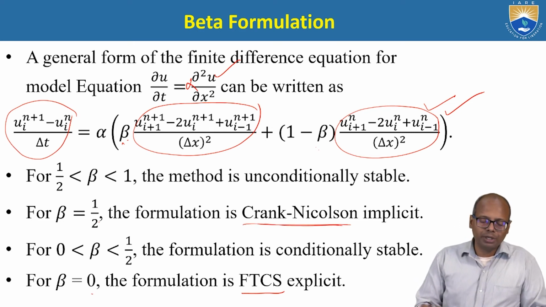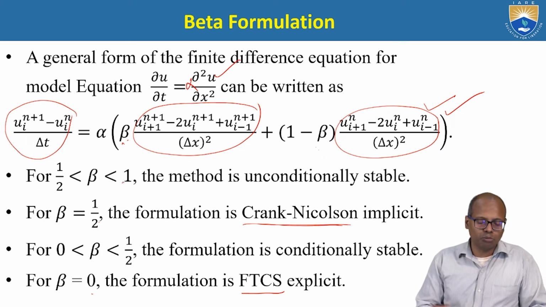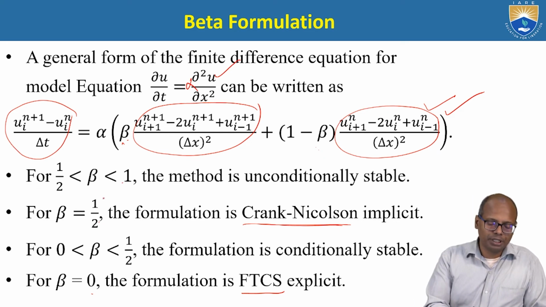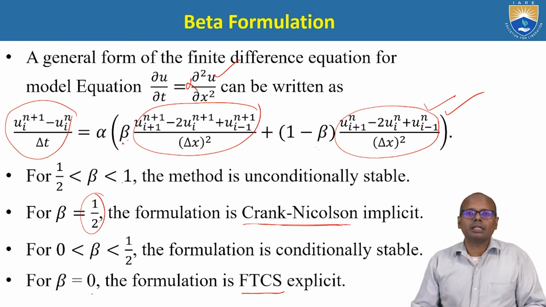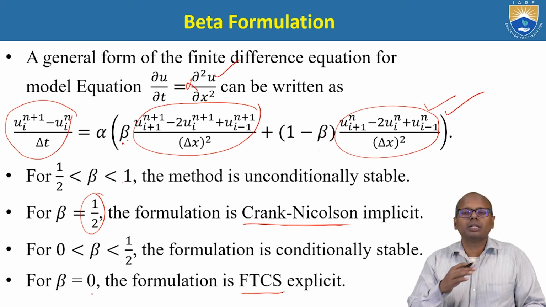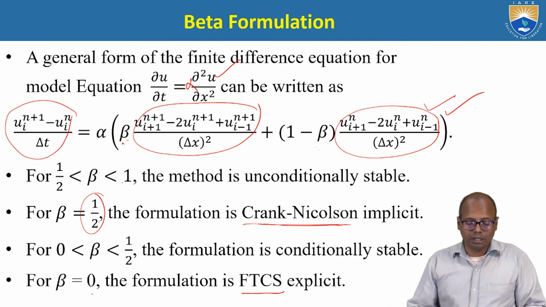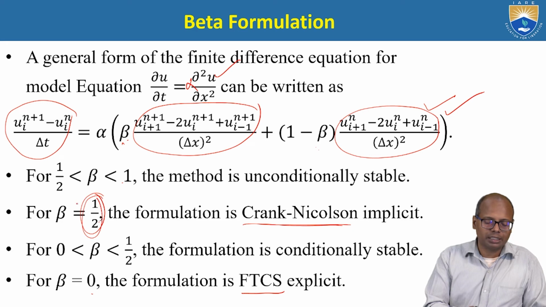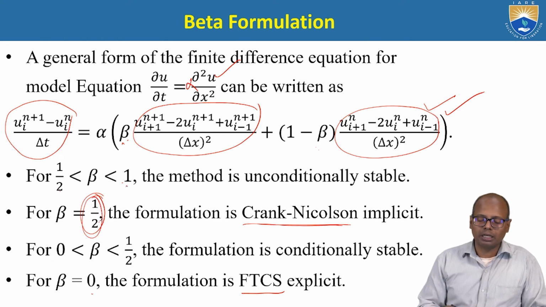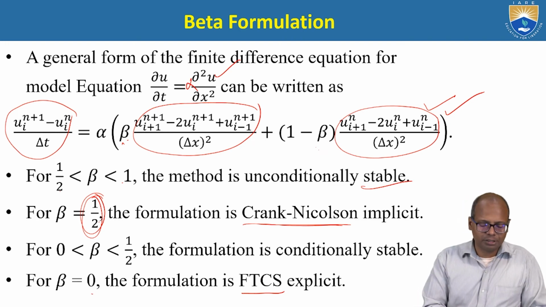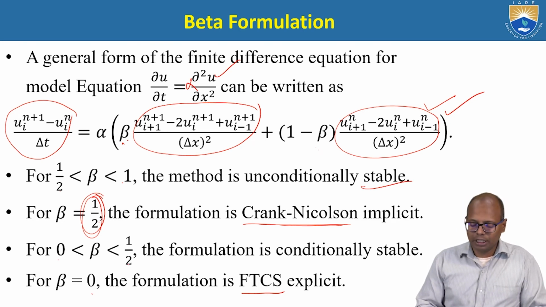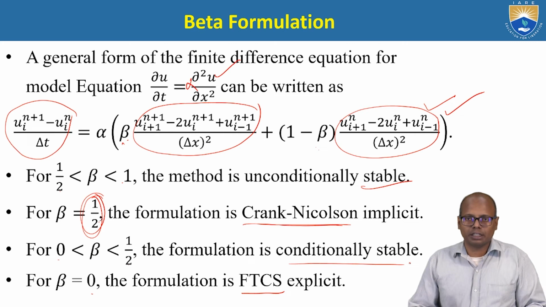If beta is more than half, it will become unconditionally unstable, whatever condition we put. If beta is between half and 1, it is unconditionally stable, and if beta is from 0 to half, it will be conditionally stable.